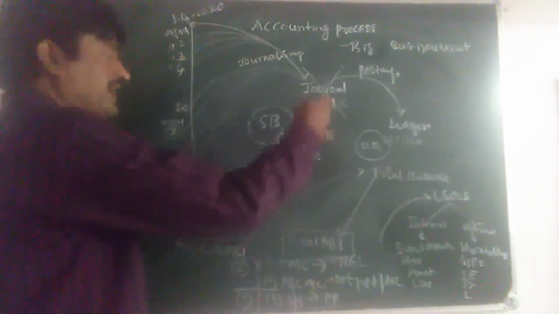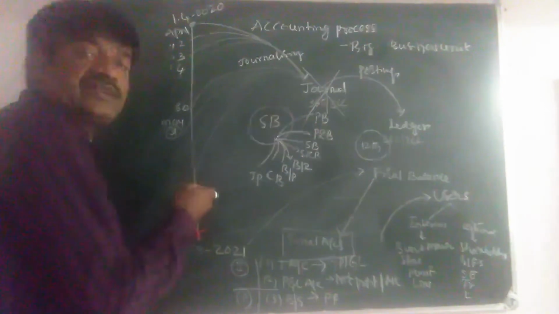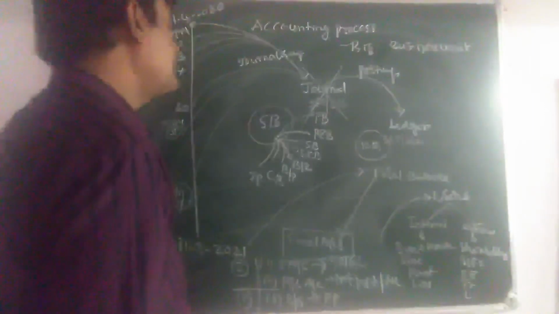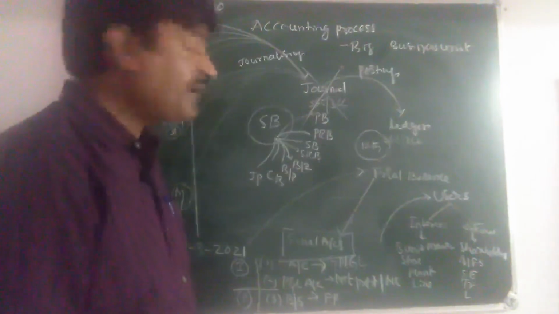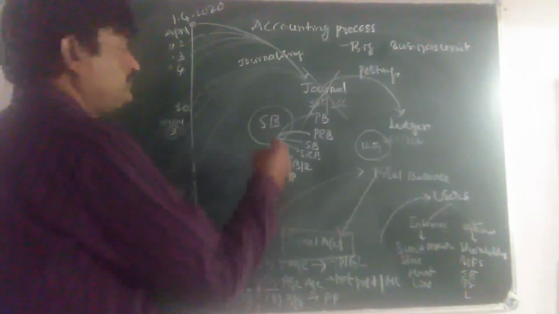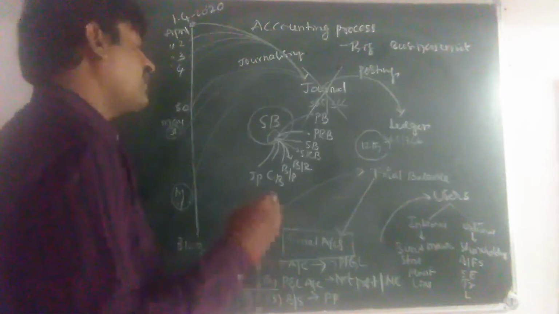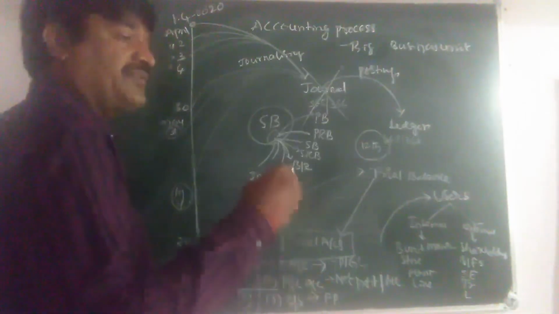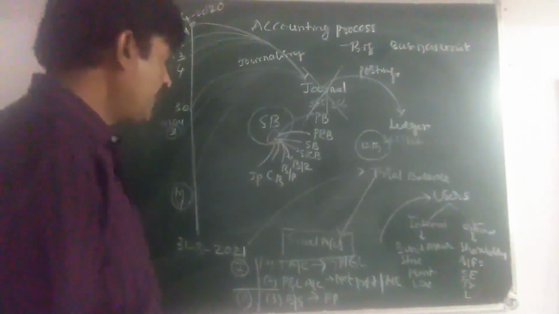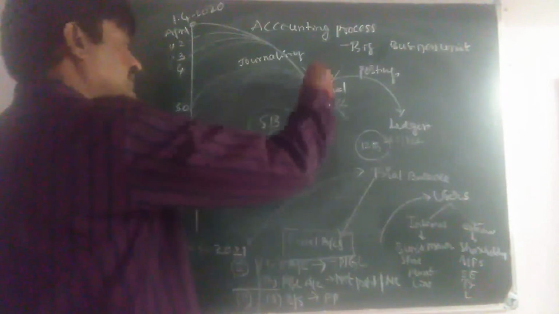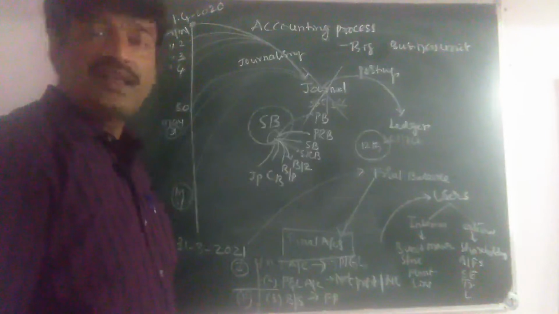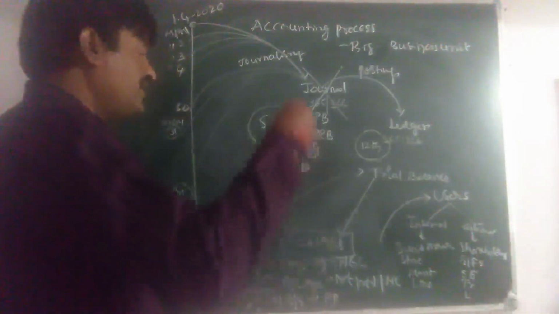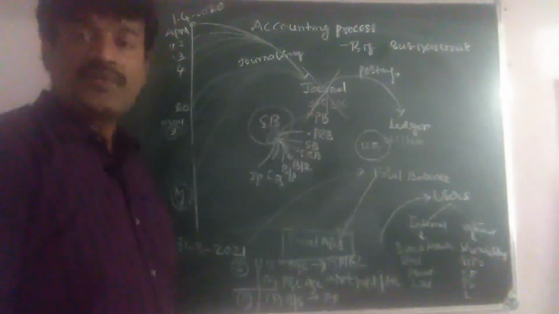These 8 special journals are maintained in the place of journal to save time, to complete the recording and update of transactions in time, in the modern system of accounting.